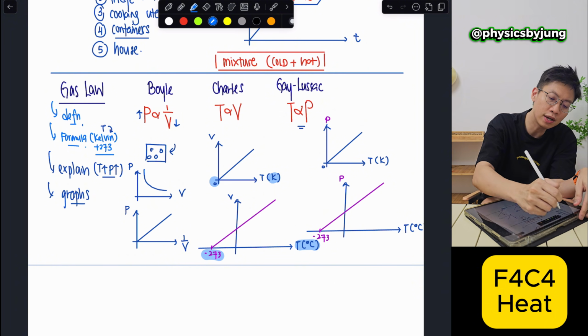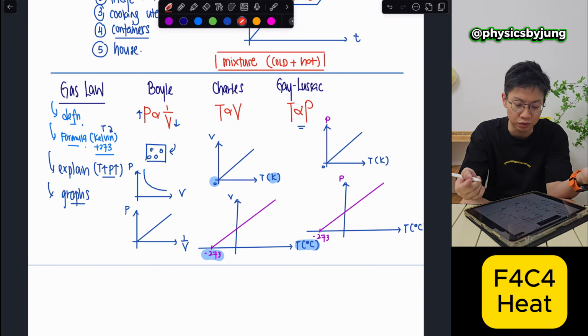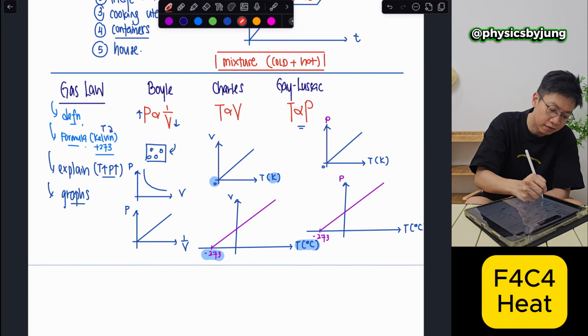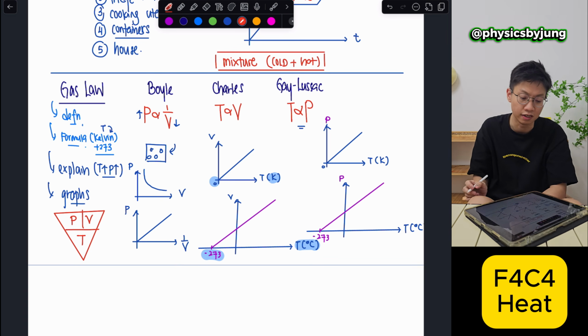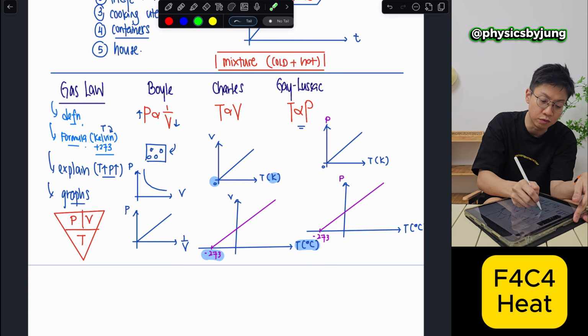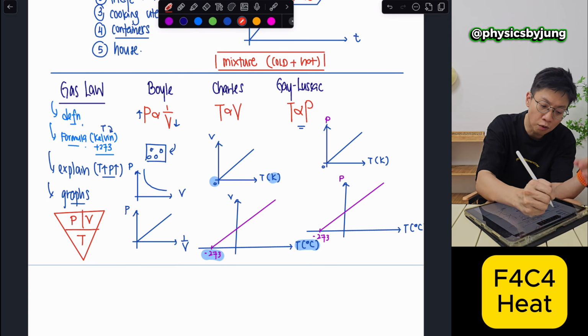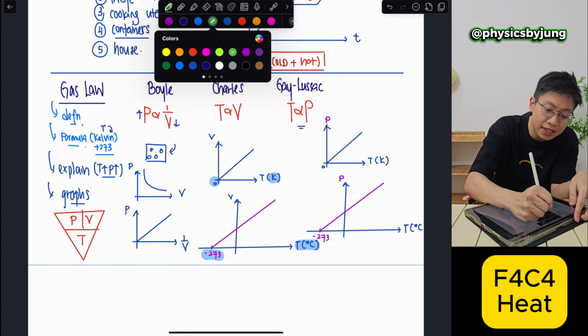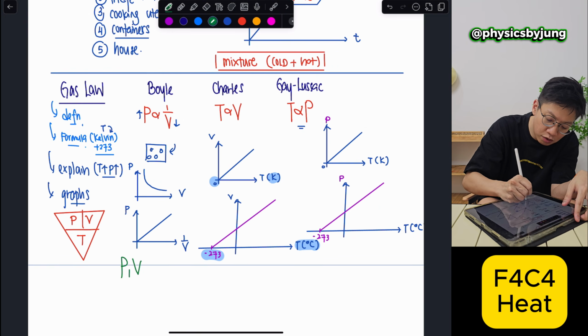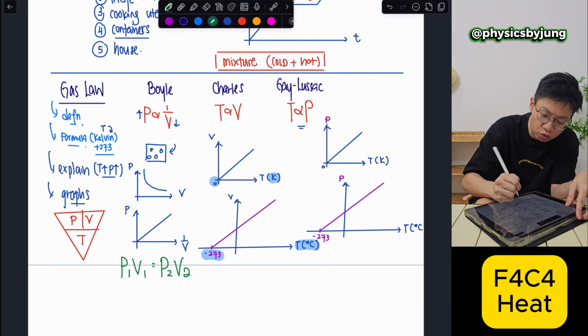As for how to remember the formula, there's a way that every teacher uses, which is the triangle method, known as the PVT. If you look at PV, which is for Boyle's law, it is very simple. You just have to remember PV means P1V1 equals P2V2. Why?